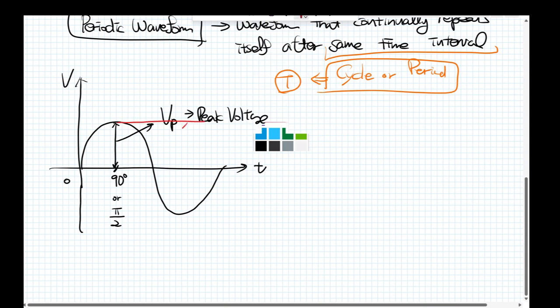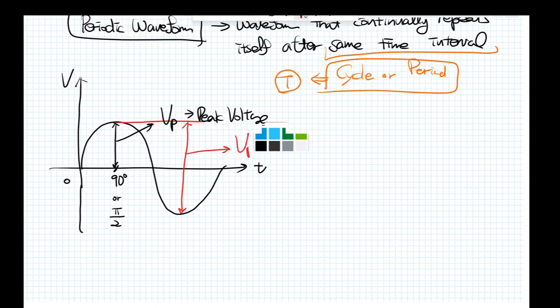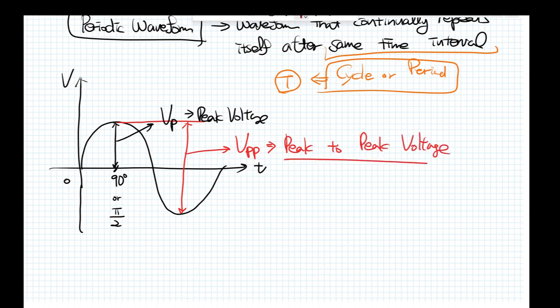Can you see the peak to peak value, we're going to call the peak to peak voltage. So that is 2 times the peak voltage like this one.